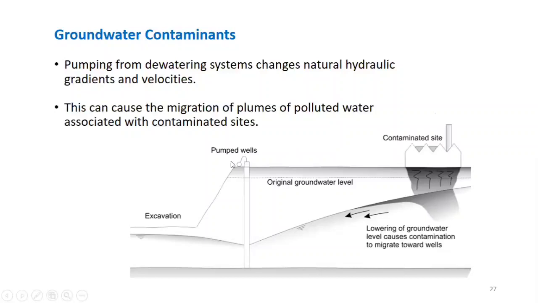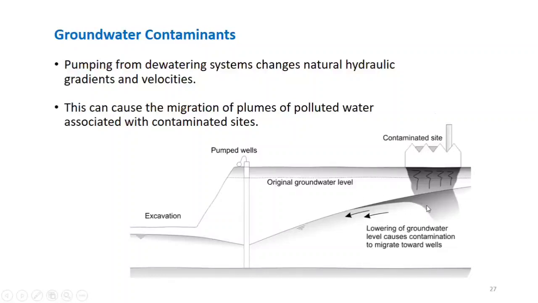But additional damage will be caused by your proposed dewatering system, because once you start dewatering, the groundwater will start flowing towards your excavation. You are causing an imbalance in the groundwater. Once the groundwater starts flowing to the pump well, the contaminant will also start moving.